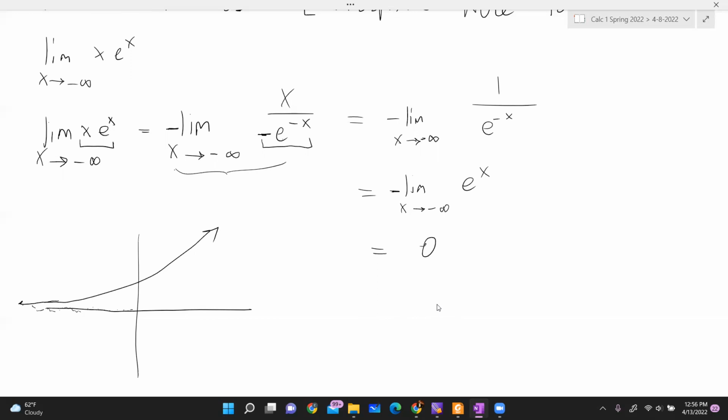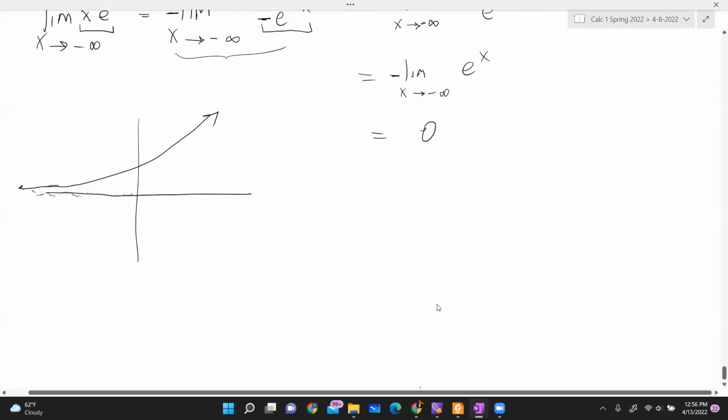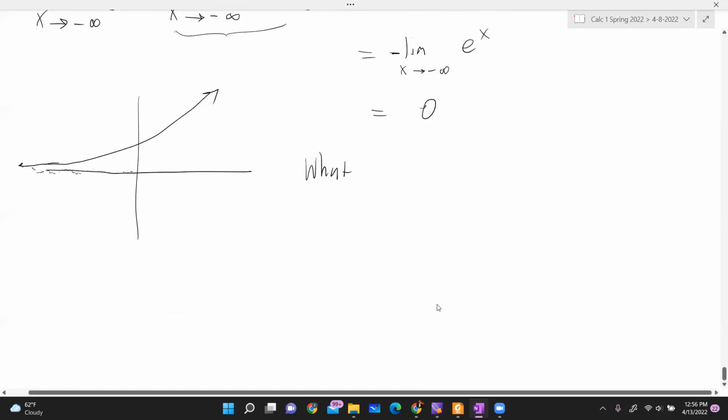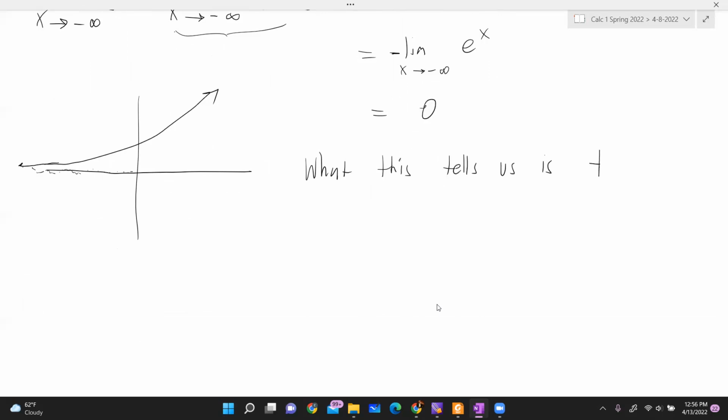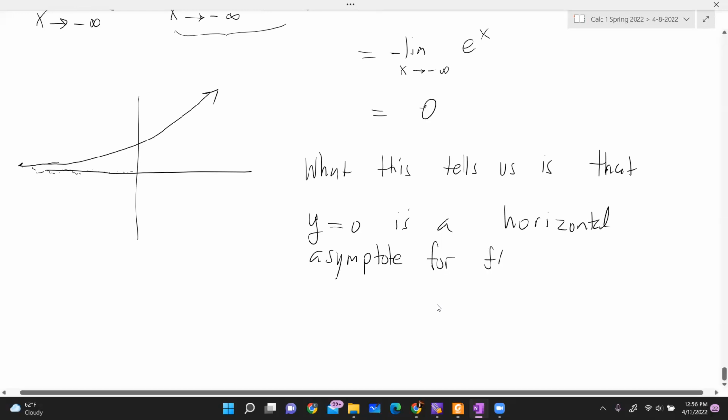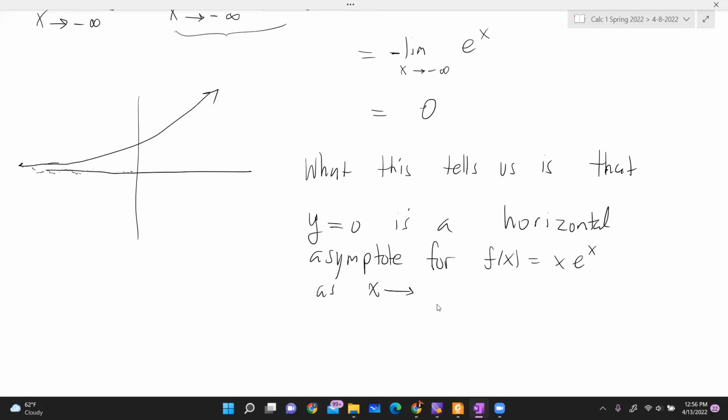So what this tells us is that the line y equals 0 is a horizontal asymptote for the function f of x, which is given by this, and that's as x goes to negative infinity.